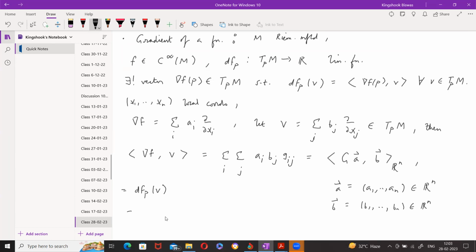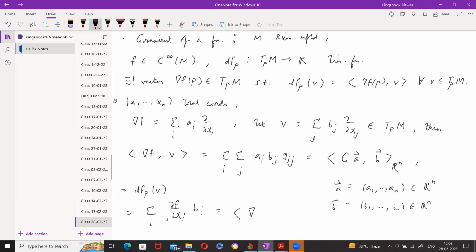So this is the sum over i of del f del xi bi. This is the Euclidean inner product of what you could call the Euclidean gradient vector.